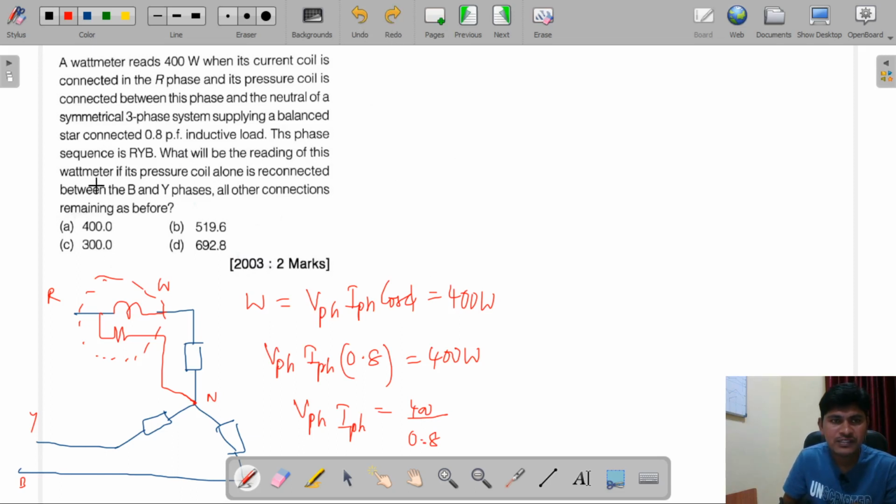Now what will be the reading of this wattmeter if its potential coil or pressure coil alone is reconnected between B and Y? Now you are going to have the circuit like this.